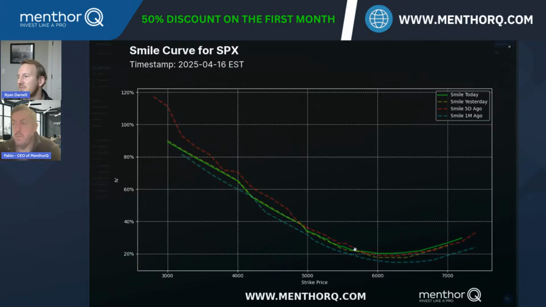The smile is always for the same expiry. So we have a much lower probability of getting exercised, right? But what else impacts that probability of exercise? Well, how volatile the underlying is, i.e. how much it can move to get there.